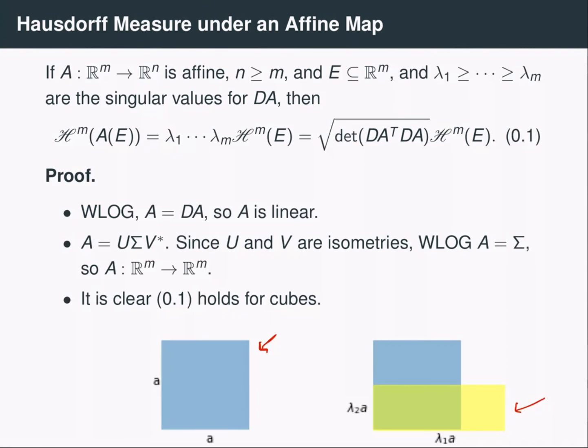And if the second diagonal entry is lambda 2, it's going to stretch or contract vectors in the x2 direction by a factor lambda 2. So the resulting rectangle after this transformation has base lambda 1 a and height lambda 2 a. And therefore, the measure of this square has changed by a factor lambda 1 times lambda 2.